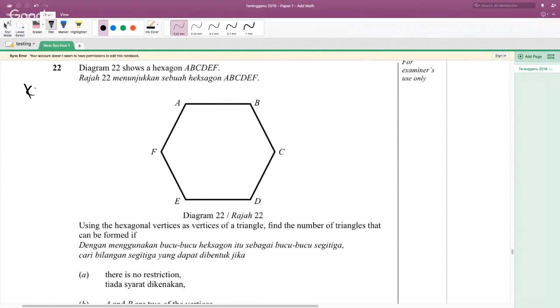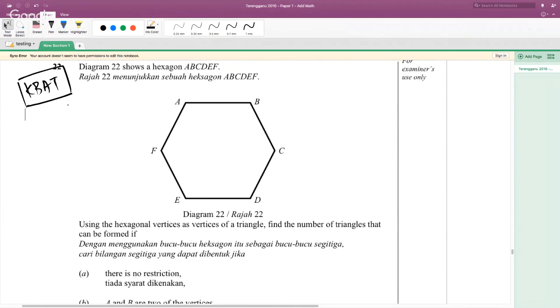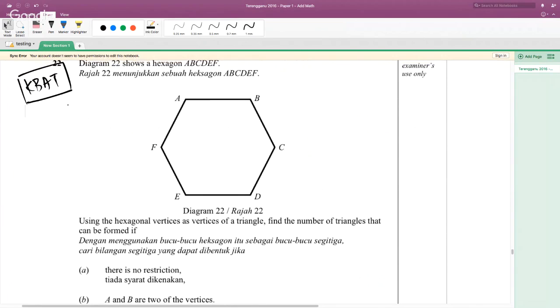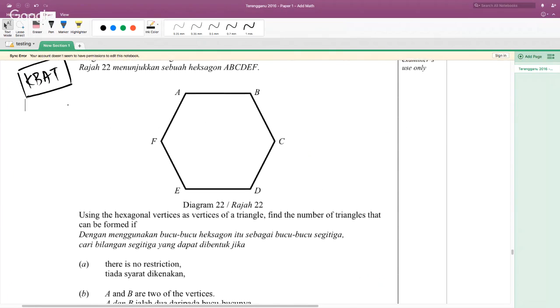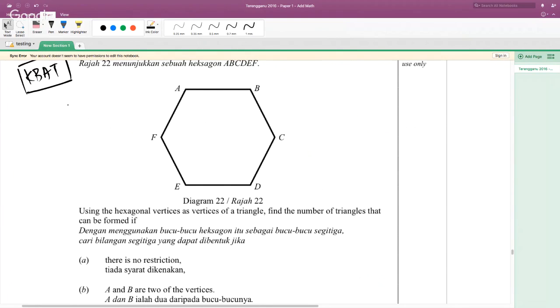Okay, this one is very hard. I mean, it's quite hard. For me, I think it's very hard, so I think for students it might be very hard as well. So you have a hexagon here, and I guess the question doesn't say whether it is a regular hexagon or not.